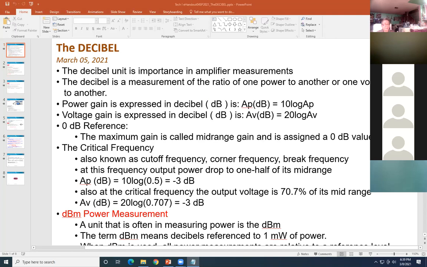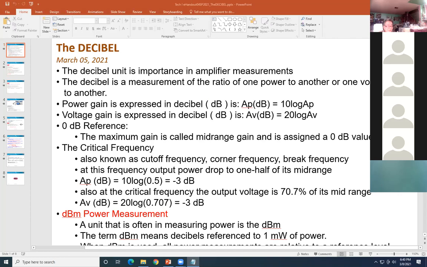What is V out over V in for the mid-range? No idea. I think the students need to understand what a logarithm is.